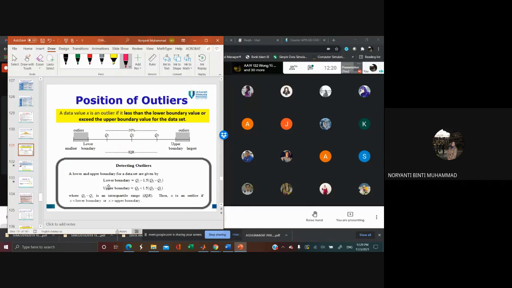This is clearer. Okay, so how do you know it's outliers? This is how you calculate outliers. Okay, from last week you learned already. You will need to find first quartile, third quartile. Okay, and then this is the formula. In the statistical table, this formula is given.